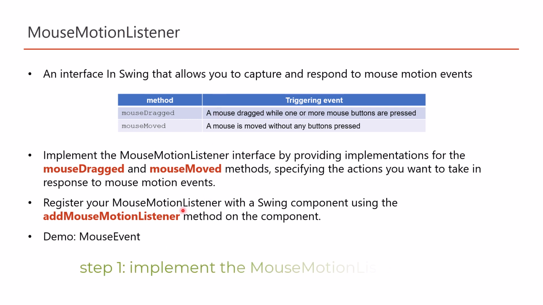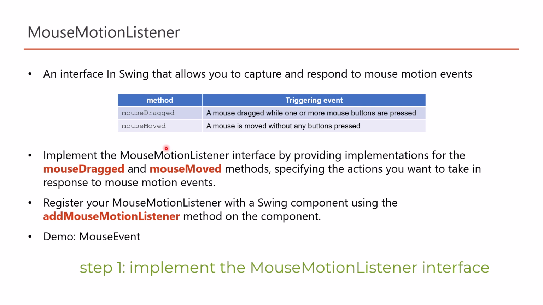First, implement the MouseMotionListener interface by providing implementations for these two methods. In your implemented mouseDragged and mouseMoved methods, specify the actions you want to take in response to mouse motion events.